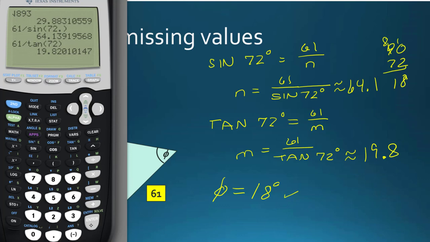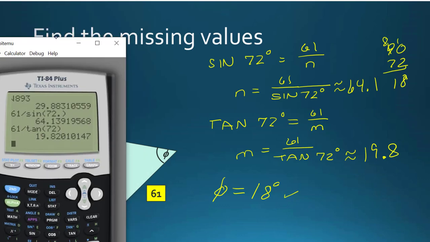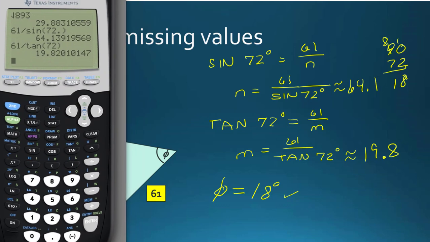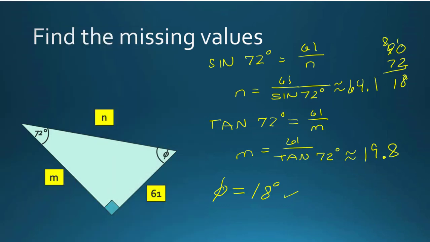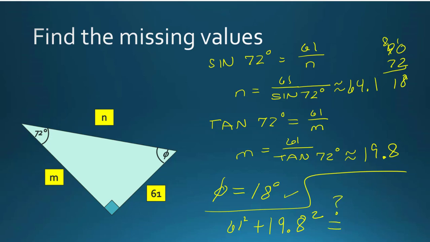And let's see. What are my checks? Hold on. Is it true that 61 squared plus 19.8 squared, is that equal to 64.1 squared?